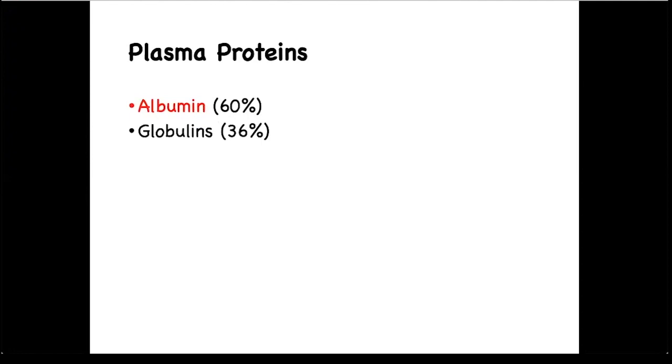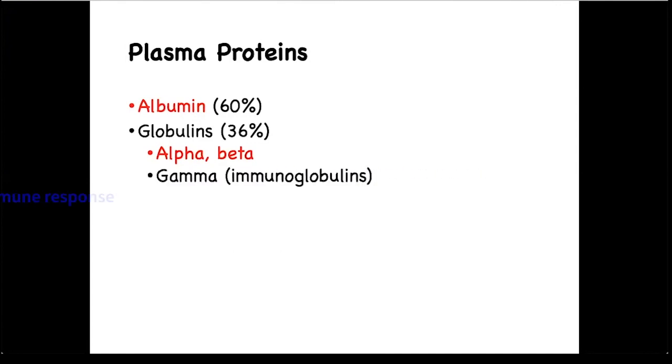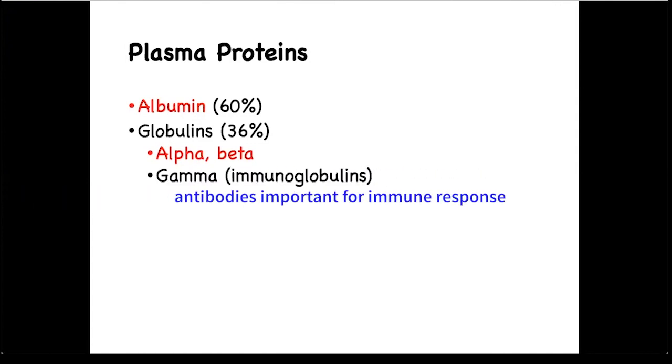Globulins. They are the second most abundant type of plasma protein, and there are three types of globulins. Alpha and beta are going to be transport proteins, and gamma globulins are going to be antibodies or immunoglobulins. Gamma globulins, or these antibodies, are released by a type of lymphocyte called a plasma cell.